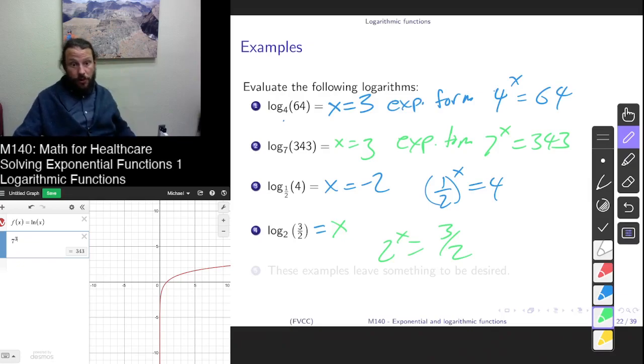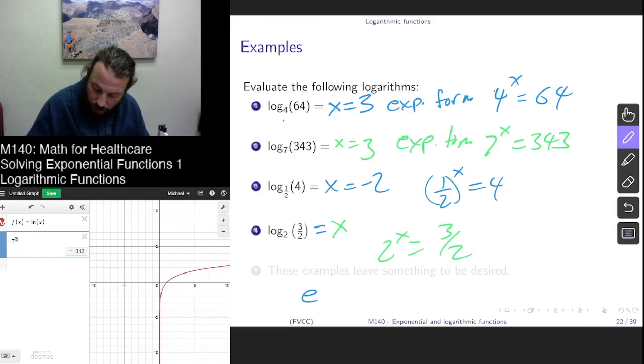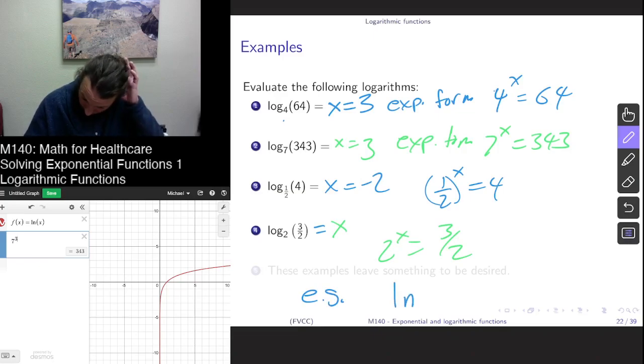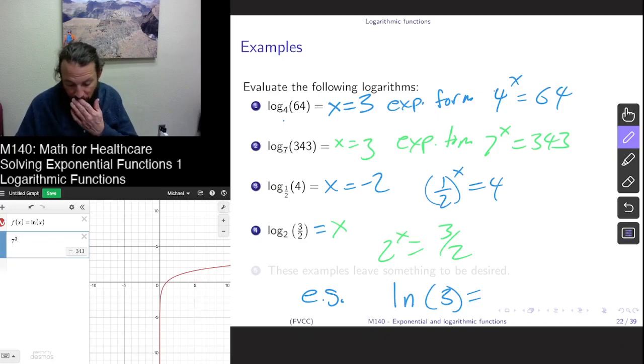If this was a different base, so the base e and the base 10, we could plug into our calculator to solve. Let me do one example of that before I move on. Another example is, let's say I have ln of 3. What does that equal? It should be a little bit more than 1.